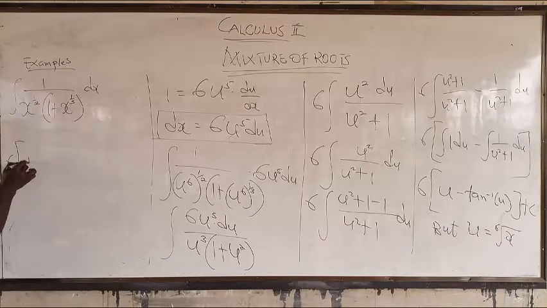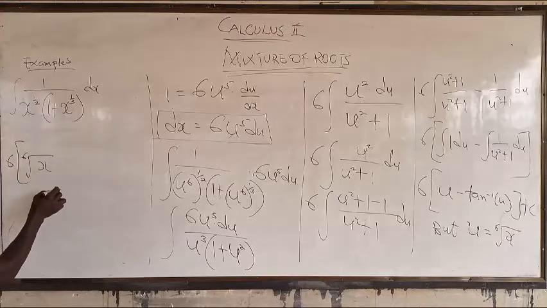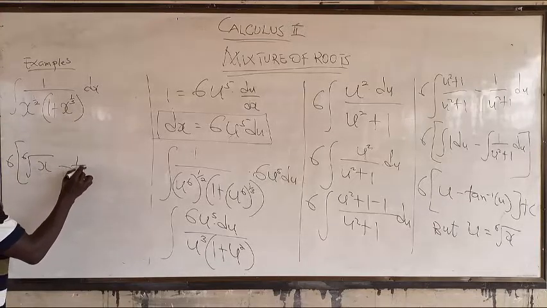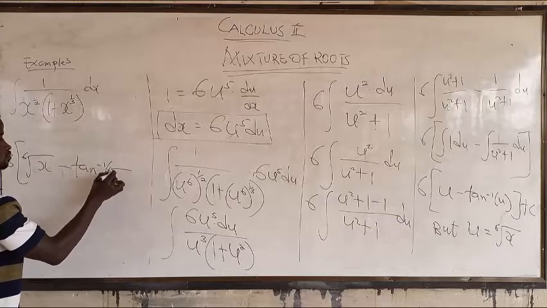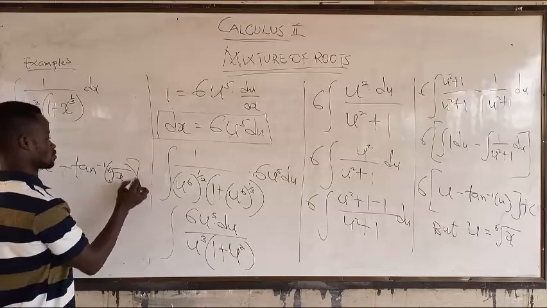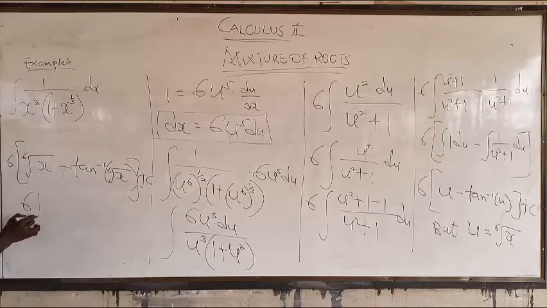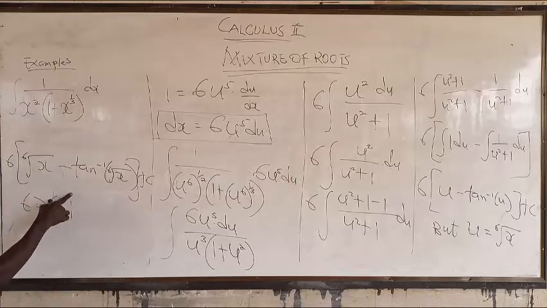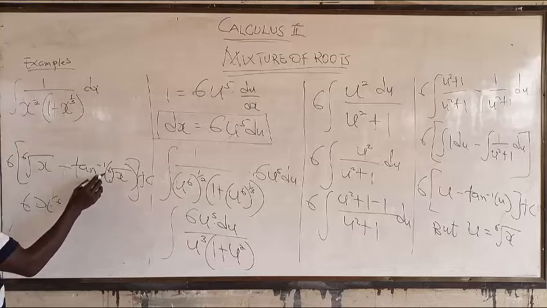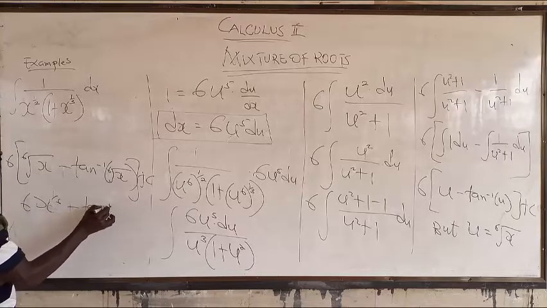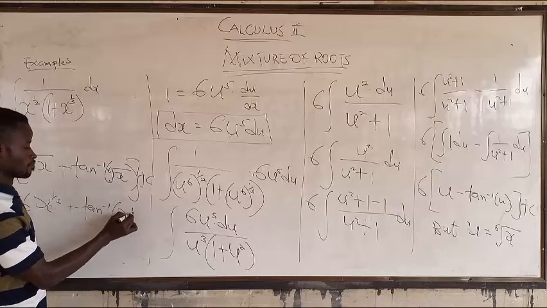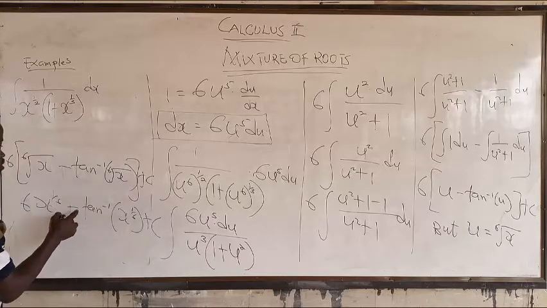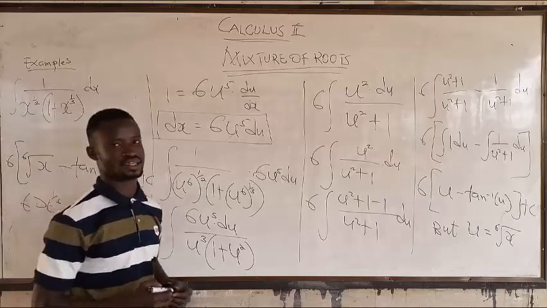So 6 plus c. So you end up getting 6, or you can write it as the 6 over 30. So that will be the final answer for that.